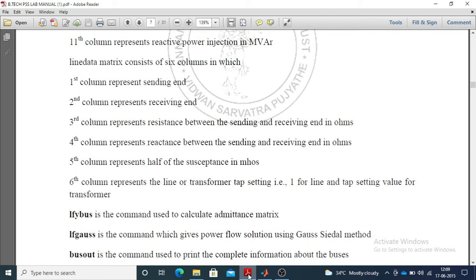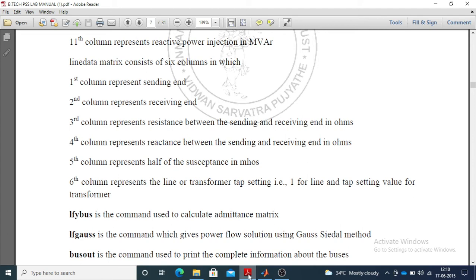However, the first 4 columns remain the same: the first column represents sending end, the second receiving end, the third resistance, and the fourth reactance between sending end and receiving end. The fifth column represents half of the susceptance value, and the sixth column represents the line setting or transformer tap setting.